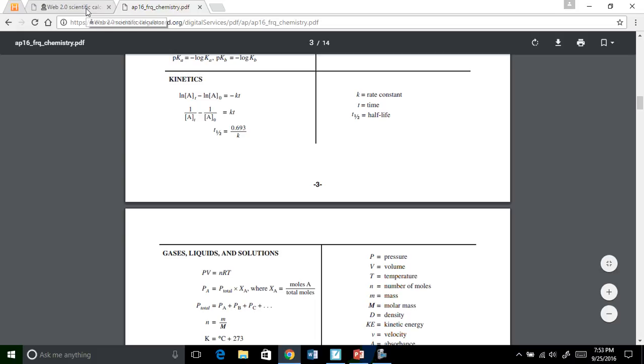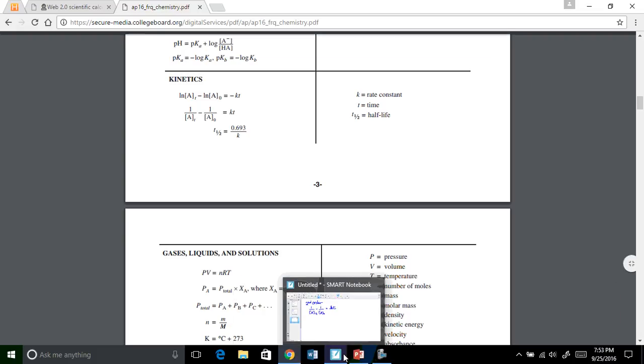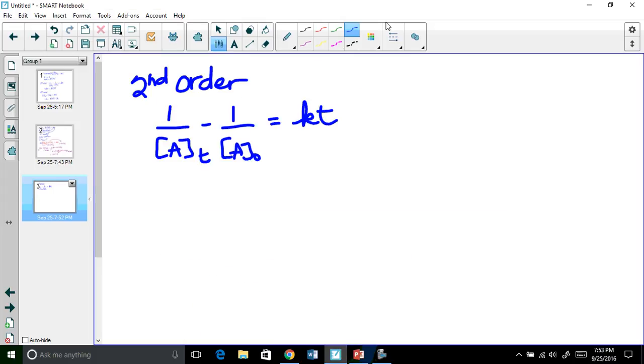Just use the equation. And then an interesting thing is they're telling us that the initial concentration, I'm calling it A, but A is actually NOBr. So the initial concentration is 0.9 molar.